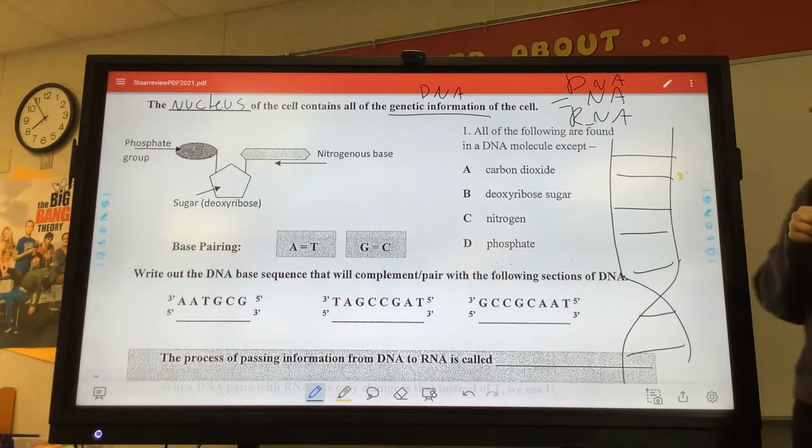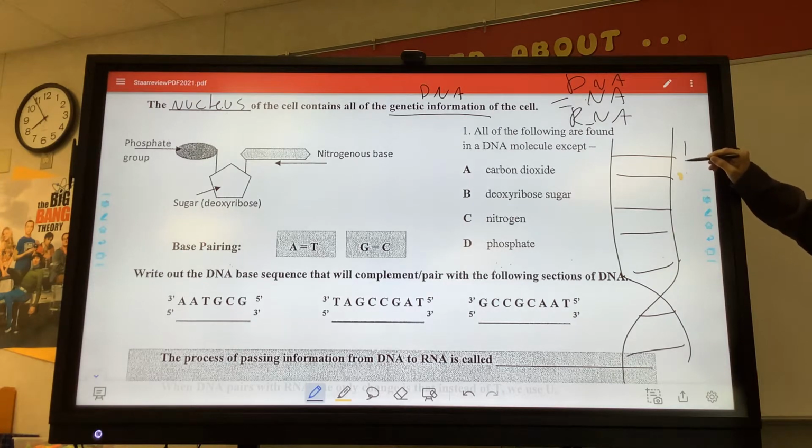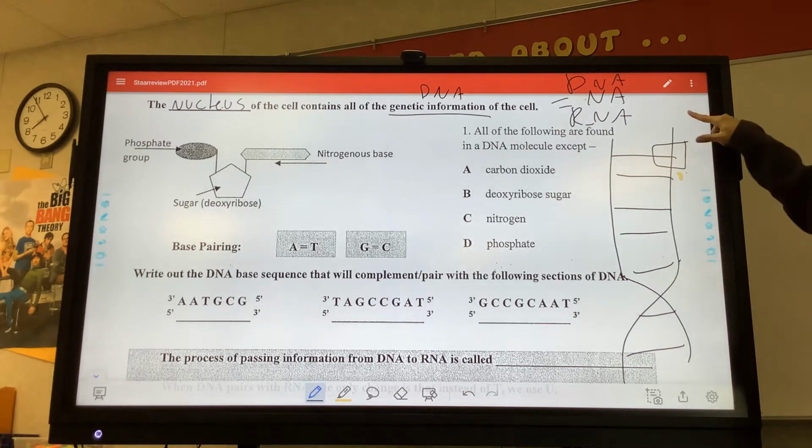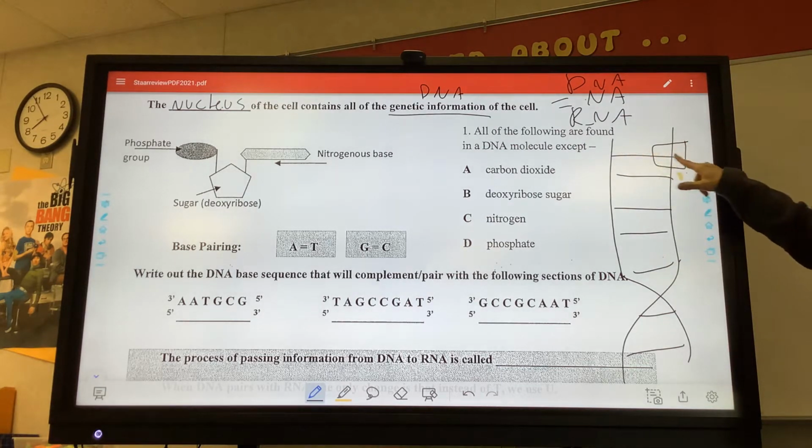The building block of this is a little bit of the outside and a little bit of the inside, right? DNA is not just made up of the outside backbone or the inside steps. So we're going to learn that this is a base connected to a sugar and then connected to a phosphate. So this right here is the monomer, the building block, and this is called a nucleotide.